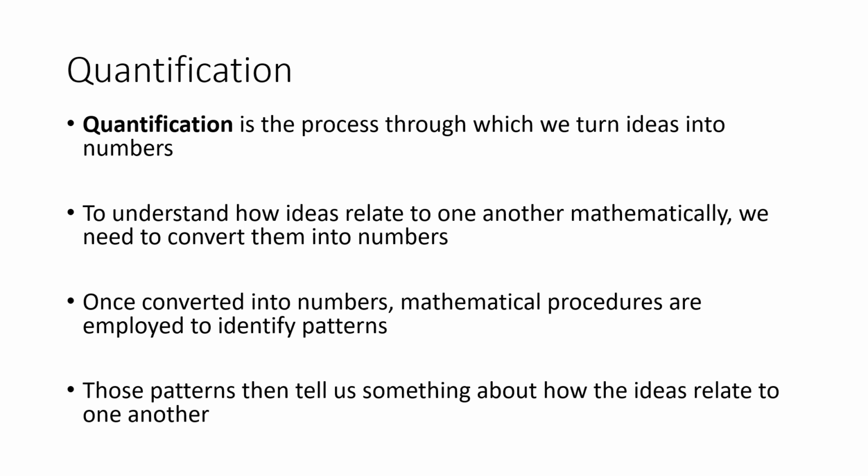So we could do that by asking respondents not only what is your gender, but how satisfied are you on a scale of, say, 1 to 5 or 1 to 7, where 1 equals extremely dissatisfied and 7 equals extremely satisfied. So once we've quantified both of our factors, our constructs or our variables, then we can employ a set of mathematical procedures to identify patterns and answer our research question. So those patterns then tell us something about how the ideas are related to one another.